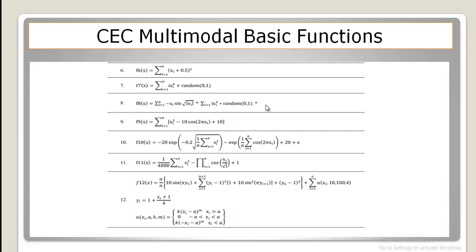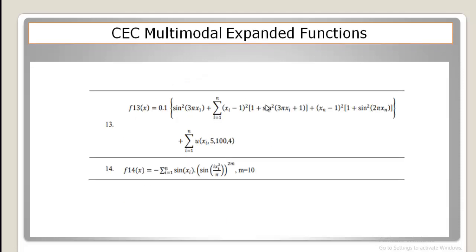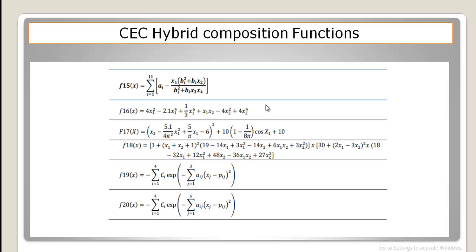For the multimodal functions, we have provided a range of mathematical functions which are likely part of a suite of test problems used for evaluating the performance of computational optimization algorithms. These functions appear to be designed to assess how the algorithm performs on complex, nonlinear, and multimodal landscapes.